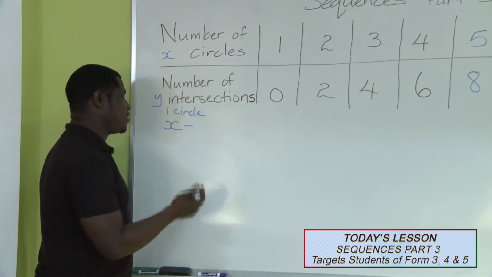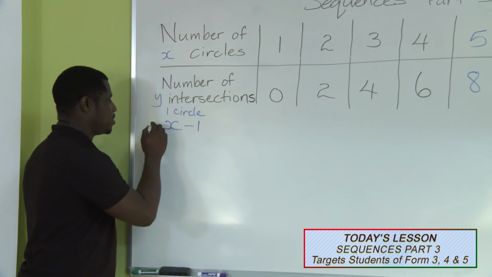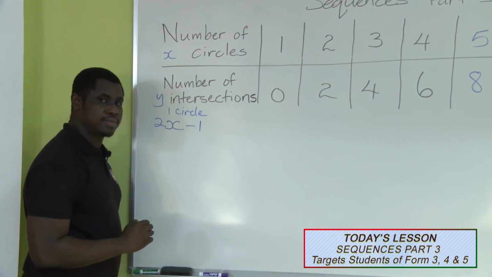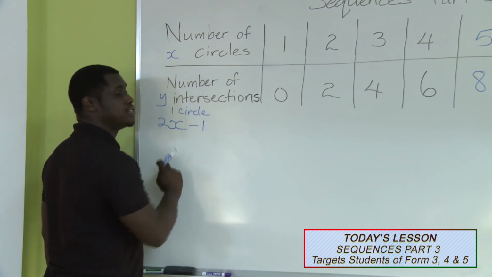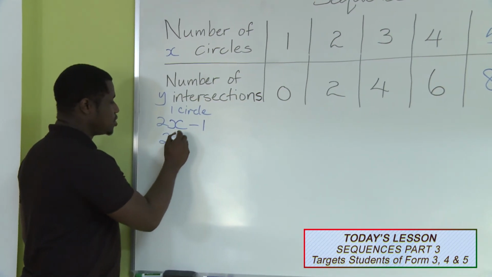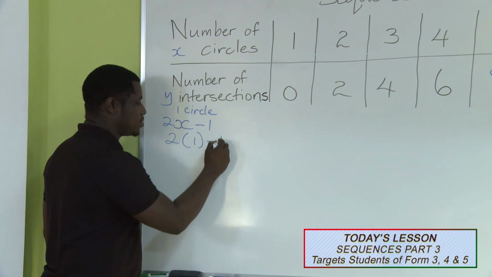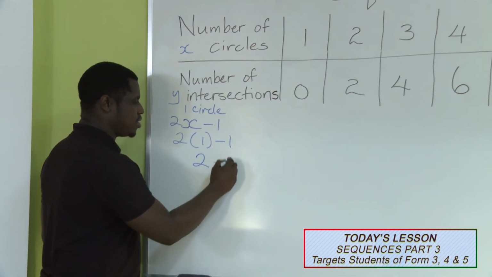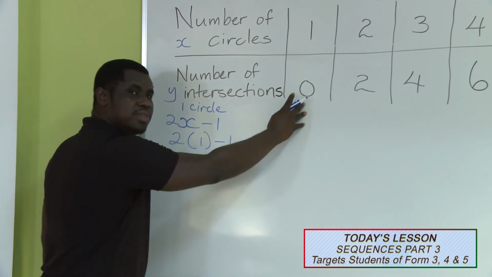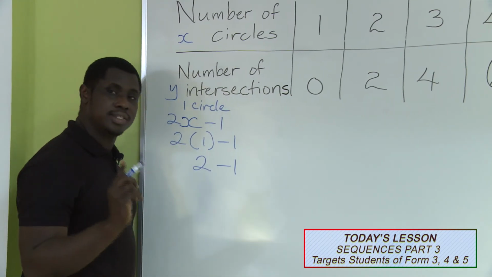Now, we may say, okay, I can leave the 1, but if I have 2x. In the first instance, I have 1 circle: 2 times 1 minus 1. 2 1s are 2. 2 minus 1 does not give me 0.